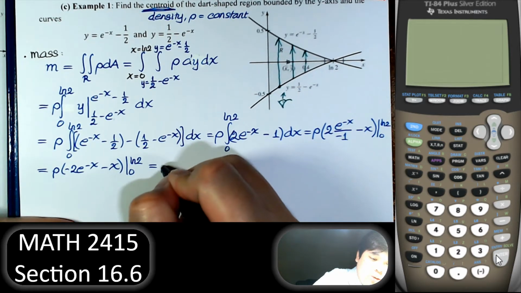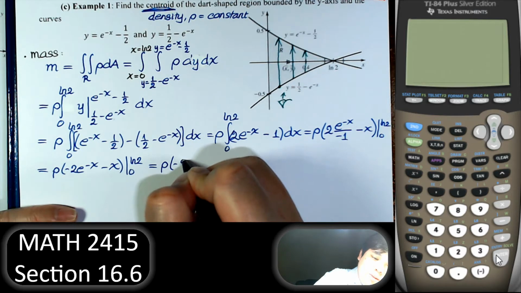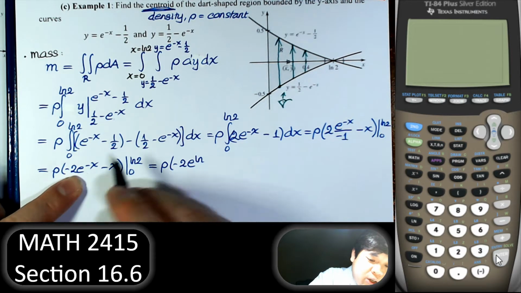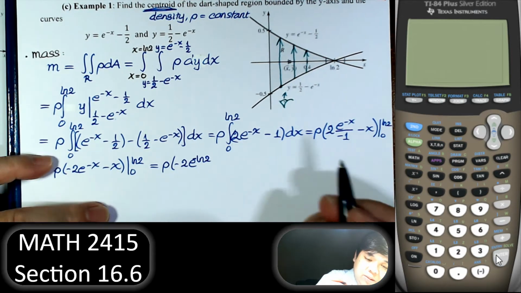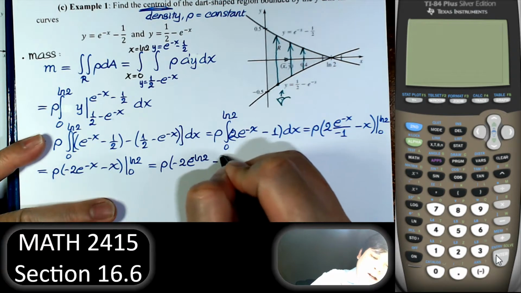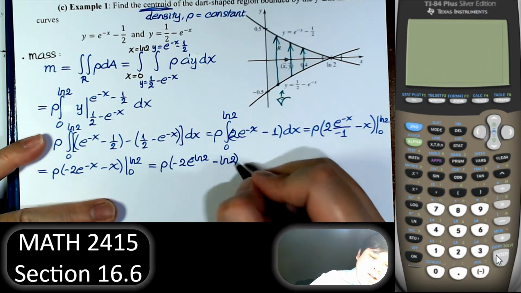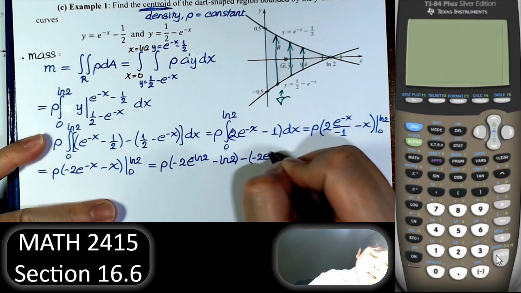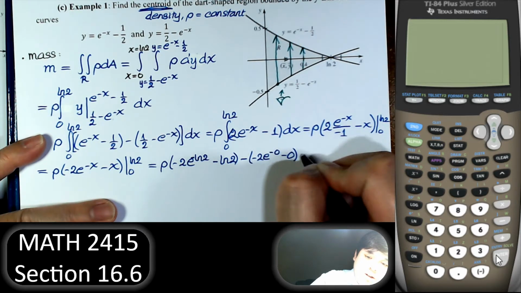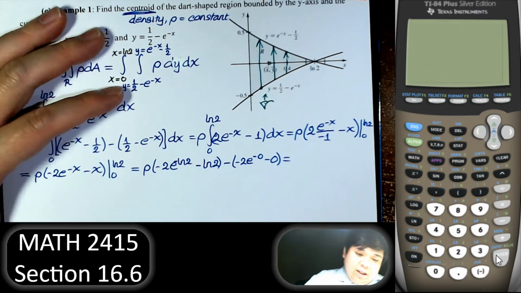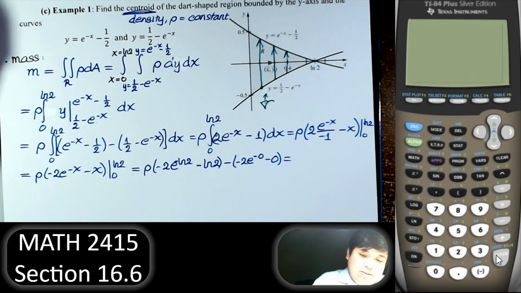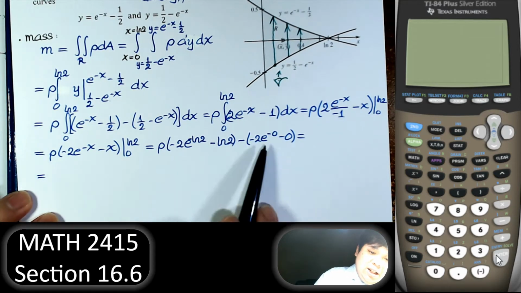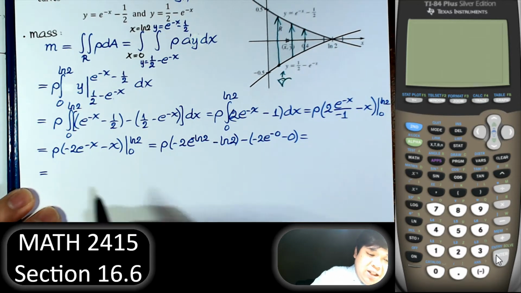I put in ln of 2: rho times negative 2 e to the negative ln of 2, minus ln of 2, then subtract the value at 0: negative 2 e to the negative 0, minus 0. Let's worry about space later.